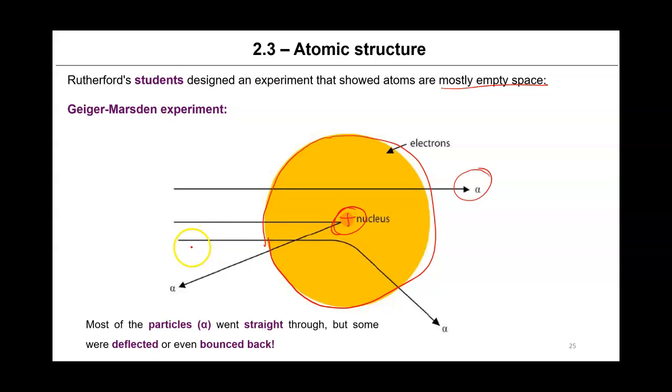However, every now and then one of our positively charged alpha particles will pass near the nucleus, at which point it is repelled, and so that one will get deflected. And then every now and then an alpha particle will come in and it'll score a direct hit on the nucleus, and it'll get bounced back behind the screen. Now that's pretty rare because the nucleus is so tiny, and that's why there were so few that bounced all the way back behind the gold foil. Okay, so that's how we arrive at the planetary model of the atom.